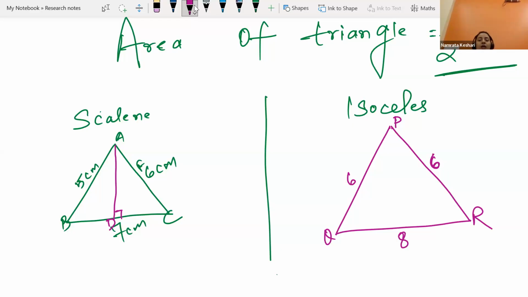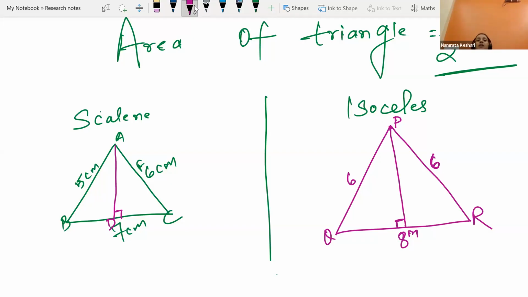Now here also, if we have to find the area of this isosceles triangle, our favorite formula will not work. We won't be able to find the height over here. You will drop a perpendicular, just give it a name PM or anything, and think about it.